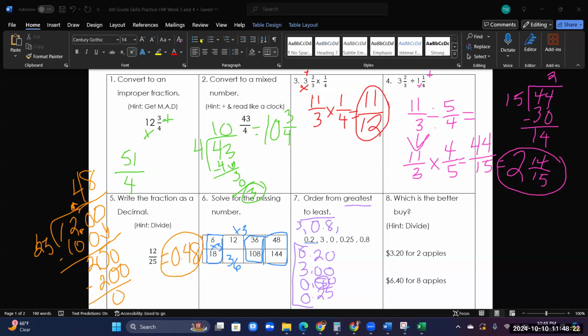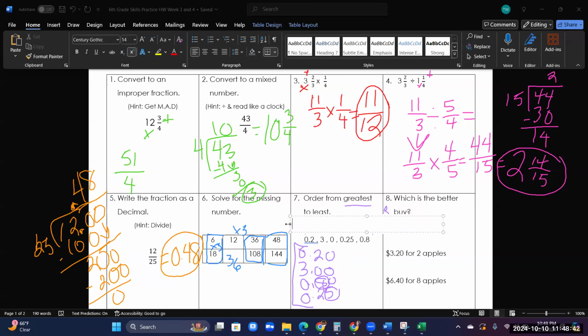We didn't see any 2s, but look at the next column, we see a 5. So 0.25 would be next. Then 0.2. And finally 0.